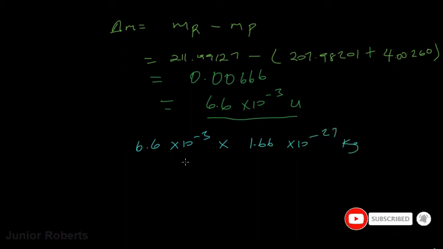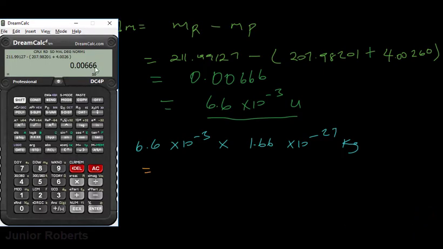We take our calculator and we get 1.0956 times 10 to the minus 29, and this would be kilogram.